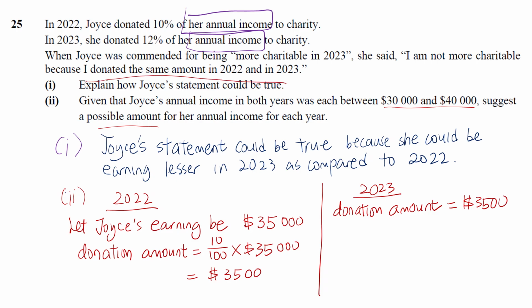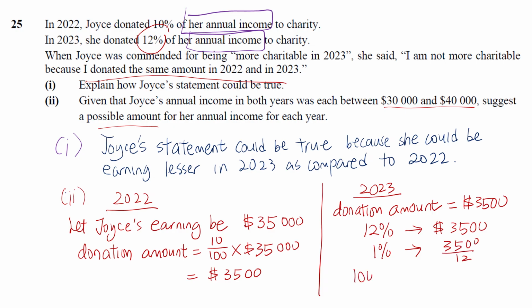So we're going to use this amount to work backwards to find her annual income. Remember that this 3,500 is 12% of her annual income. So we have to find 1%, which would be 3,500 divided by 12.